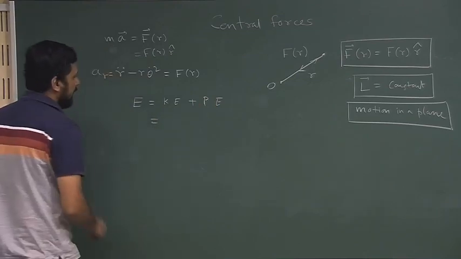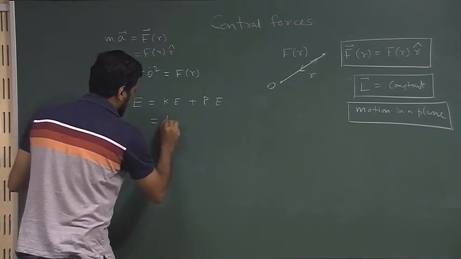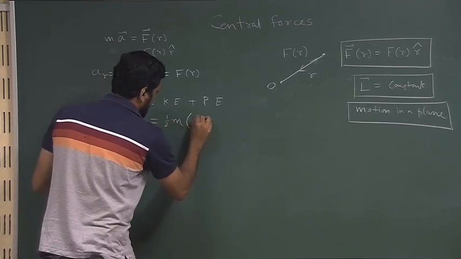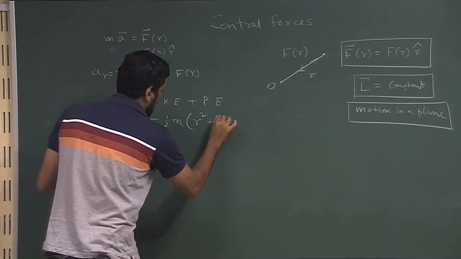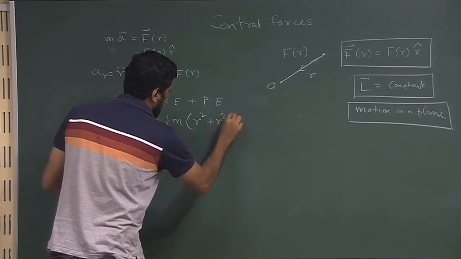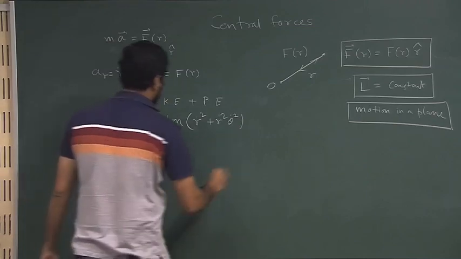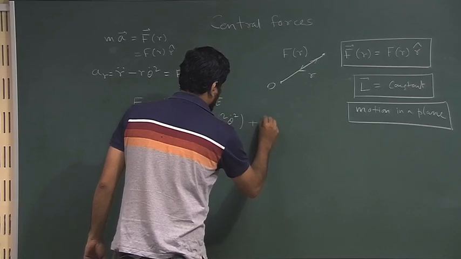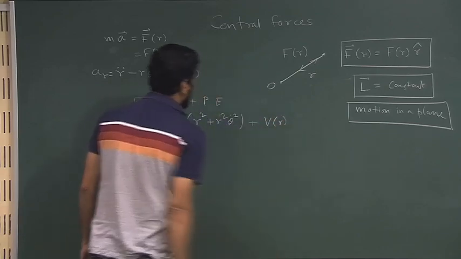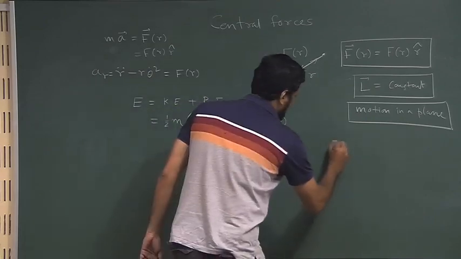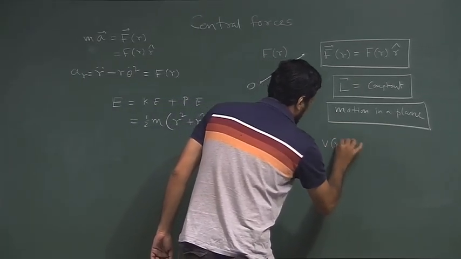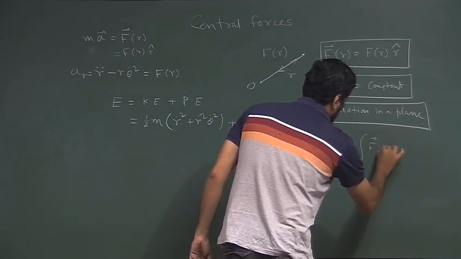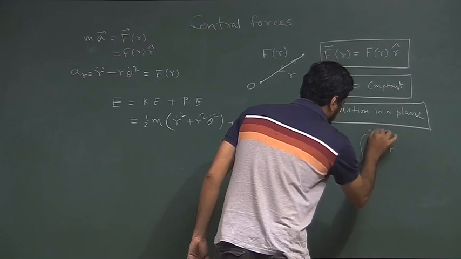Kinetic energy will be half m v square, which is r dot square plus r square theta dot square, plus potential energy V of r, where V of r is the potential function, given as integration of F dot dr from infinity to r.